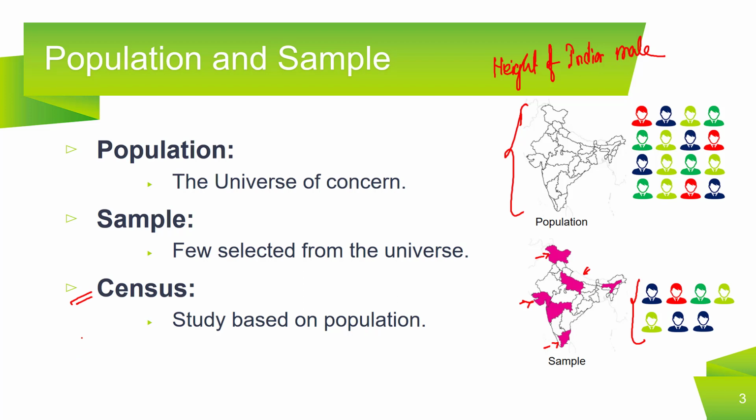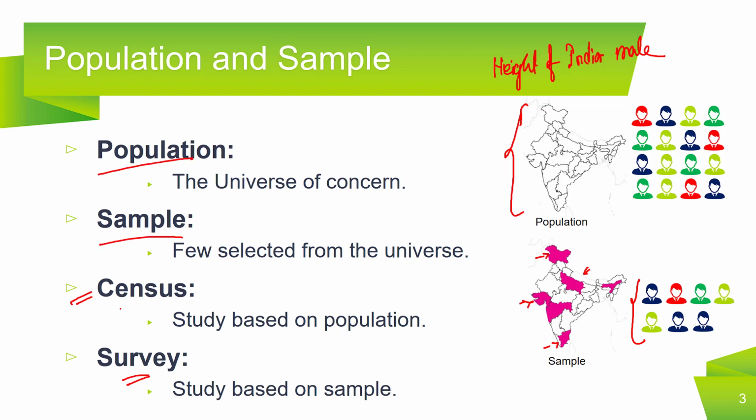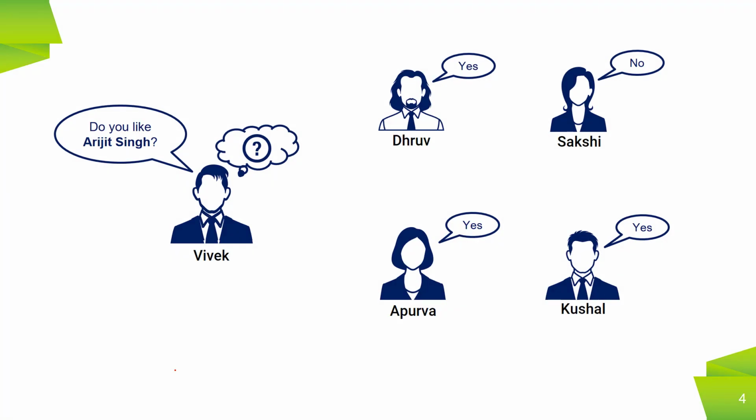Now if you don't have the time and you rather select a small group from the larger group, that means a sample, and a study is based on those sample, then it is called a survey. So the basic difference between census and survey is census is for population, survey is for sample, right? So these are some terms that we commonly use: population, sample, census, survey, right?